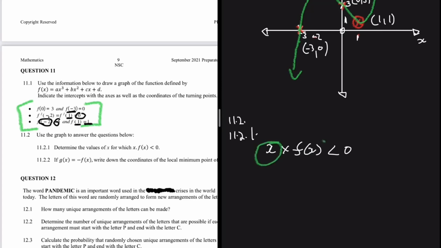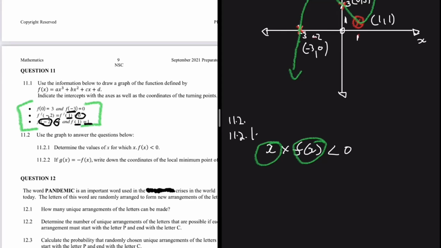And then f(x) is the value of y. We need values of x for which the product of the two is less than 0. So one has to be positive and the other one negative, or the other one is negative and the other one is positive, so that the product can be less than 0, right?